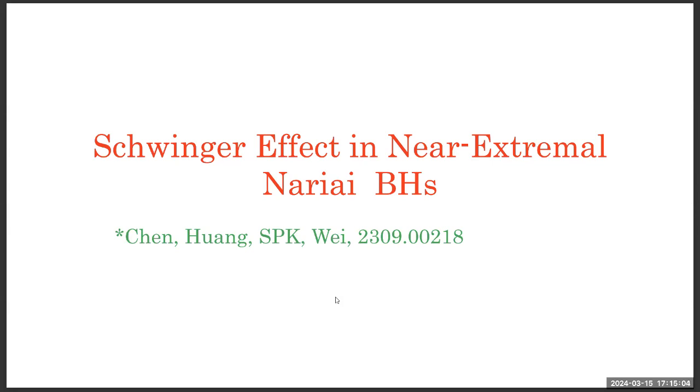Actually, in de Sitter space, we have 3 horizons: the inner horizon, that is the Cauchy horizon, the black hole horizon, the outer horizon, and the cosmological horizon. Now, there is another way to make two horizons close to each other, instead of the inner and outer horizons, the outer horizon and the cosmological horizon close to each other. That is the Nariai black hole.